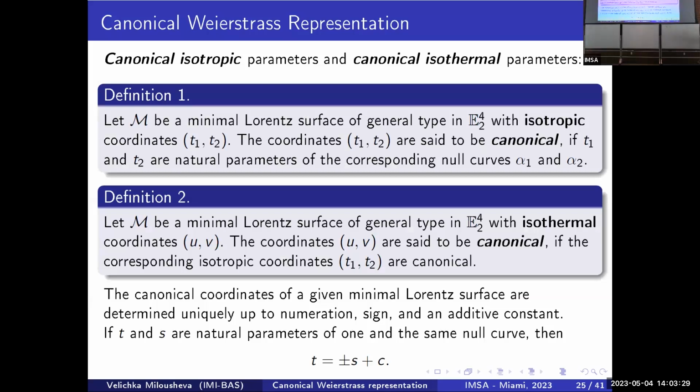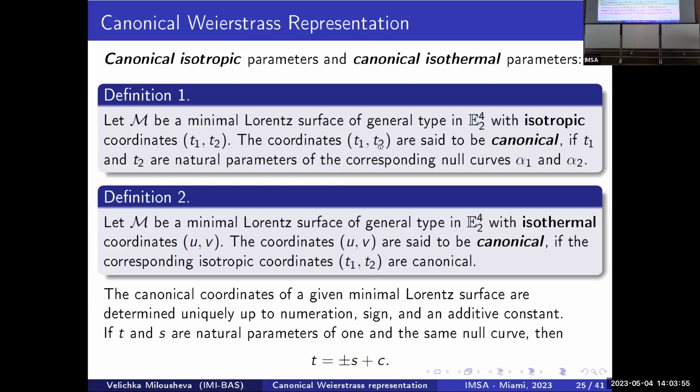And here are the definitions of canonical isotropic and canonical isothermal parameters. If M is a minimal Lorentz surface of general type with isotropic parameters T1, T2, we say that they are canonical if T1 and T2 are the natural parameters of the corresponding null curves, alpha 1 and alpha 2.